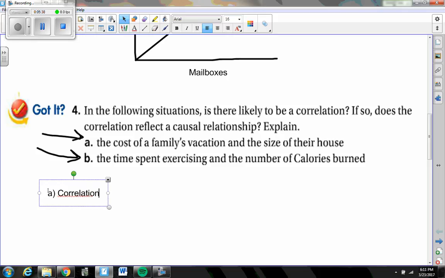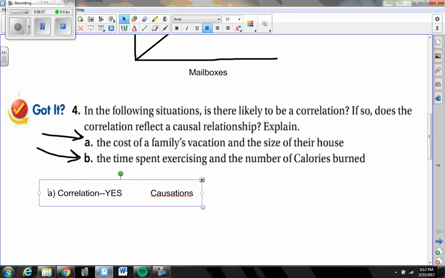All right, in the first one, letter A, the cost of a family's vacation and the size of their house. Is there a correlation? Yes, there is. People with bigger houses can probably afford more expensive vacations, or people that can afford more expensive vacations can probably also afford bigger houses. So the size of the house does correlate with the cost of a vacation.